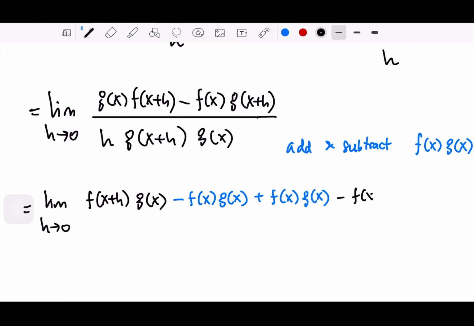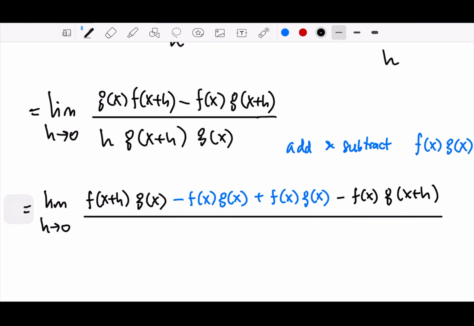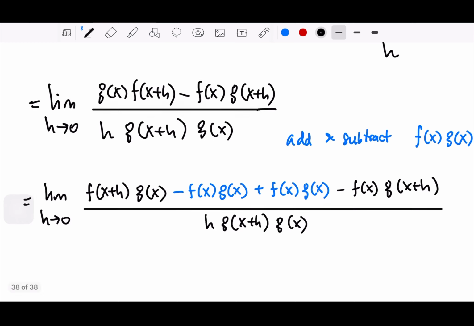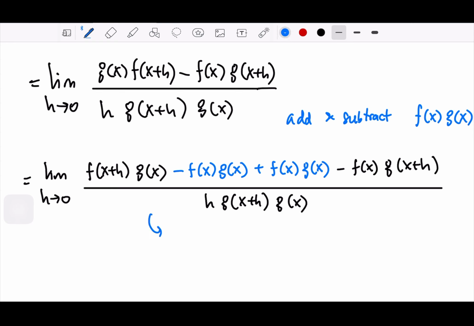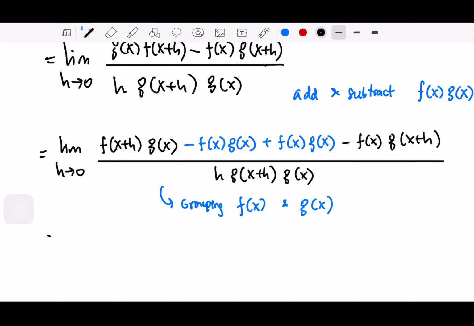And then minus, and then f of x plus h, g of x plus h, g of x. Okay. Now grouping f of x and g of x.